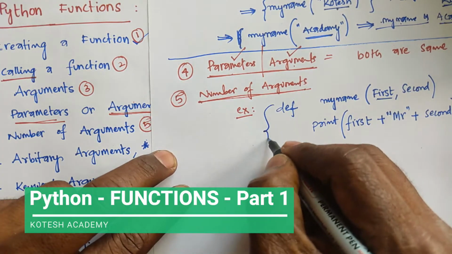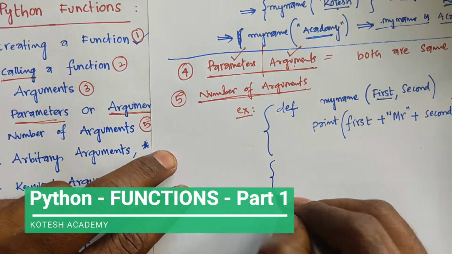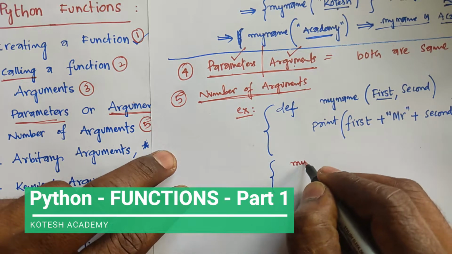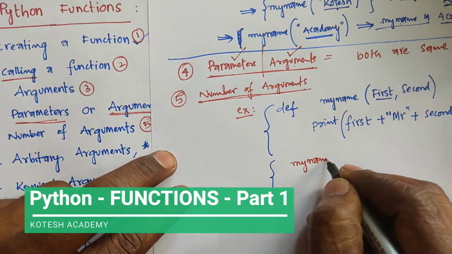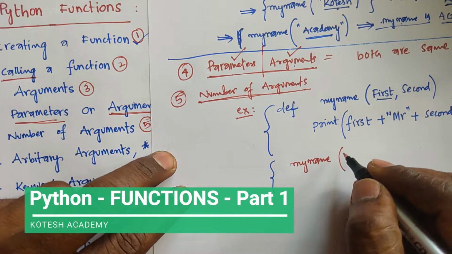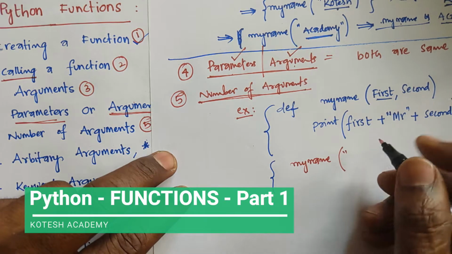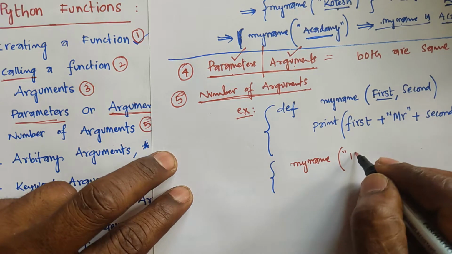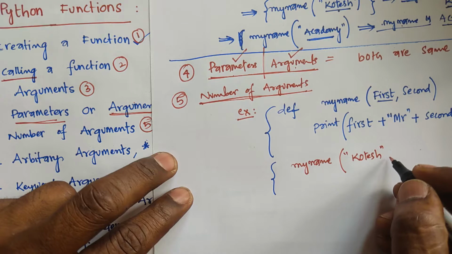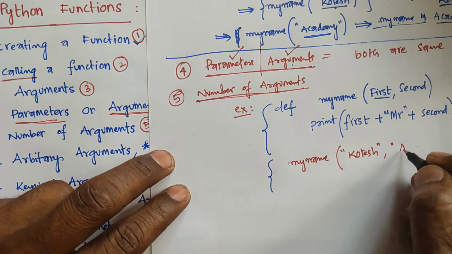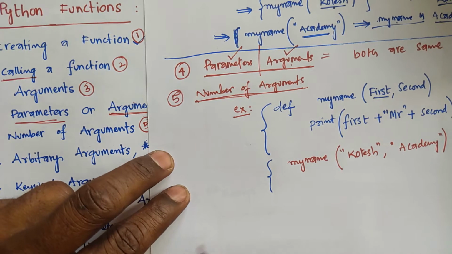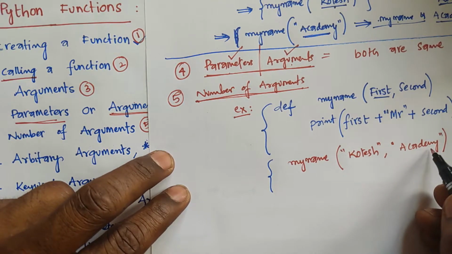This is the function creation. Now I am writing the calling: my name, with the first name as a string, quotation as my first parameter, and comma, next one is academy.